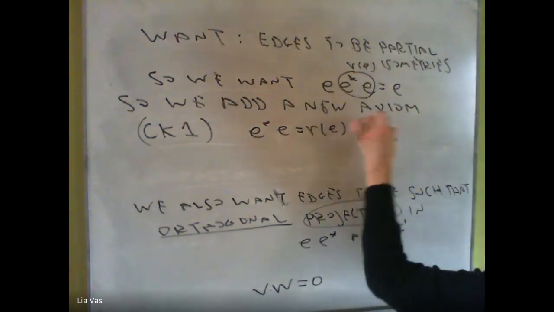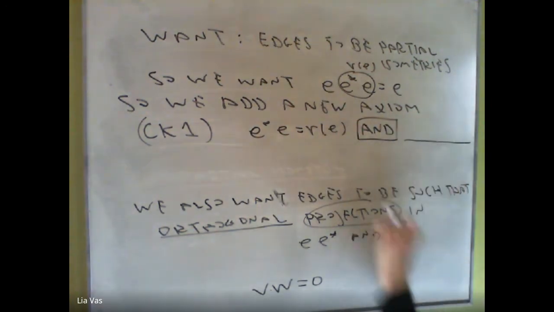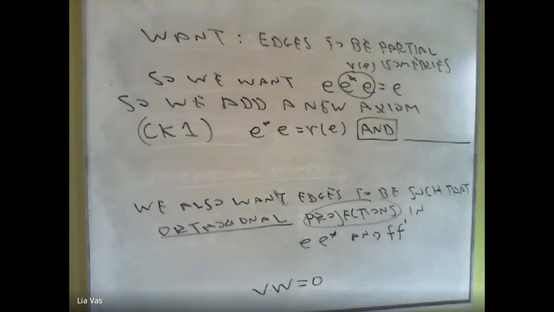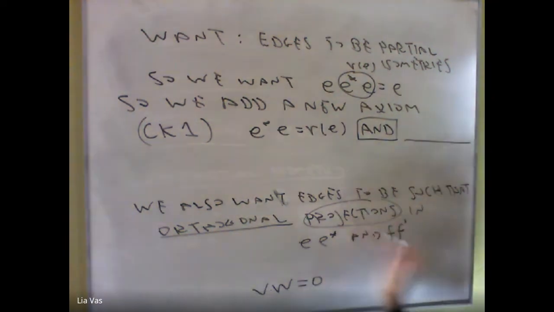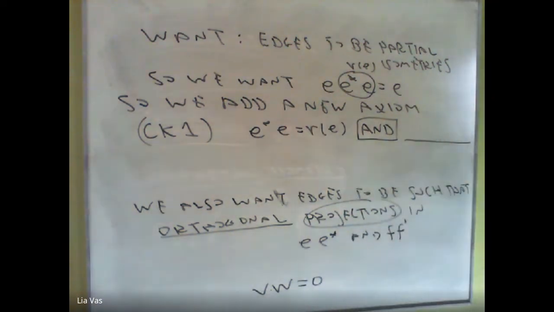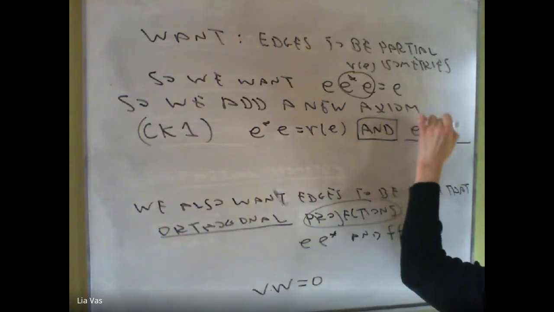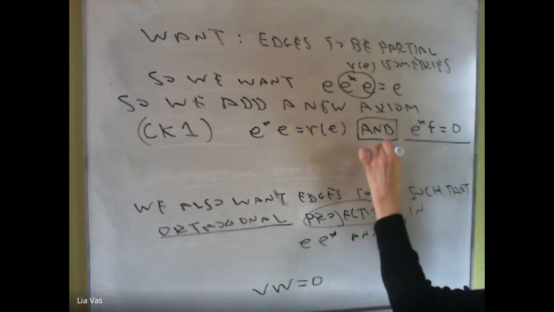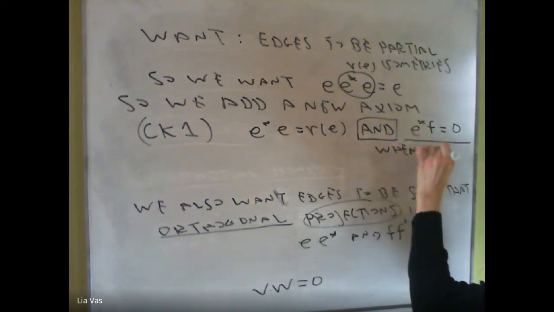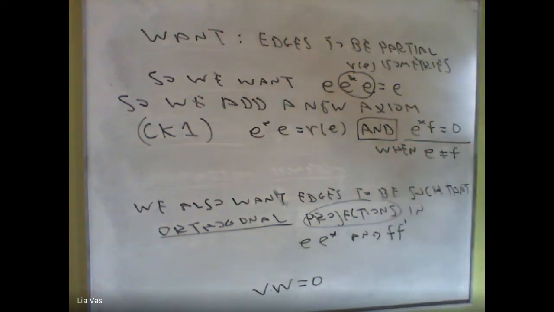So the part that we add, right? So we want this, and then we want something else, and then something else is going to give us exactly this. So we are adding that E star F is equal to 0 when E and F are different edges.